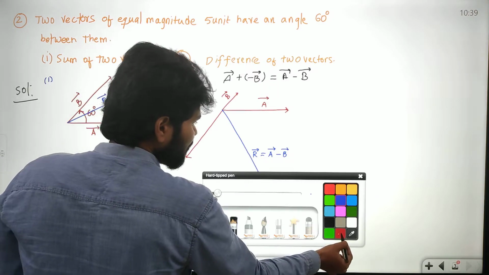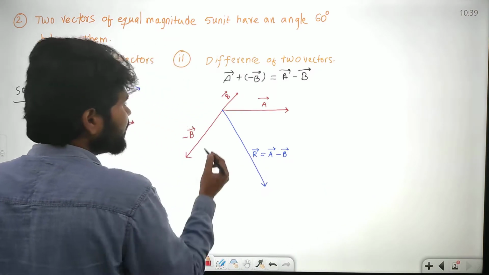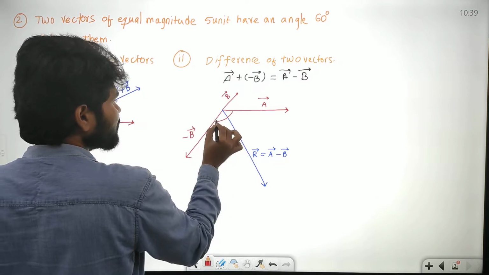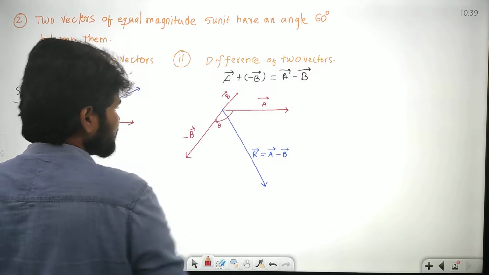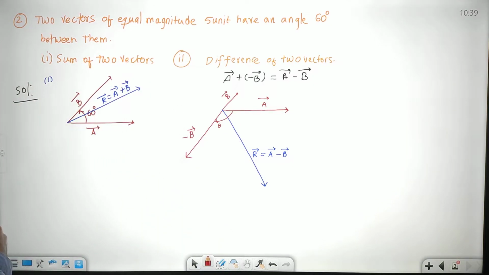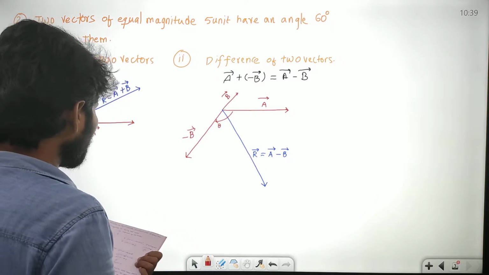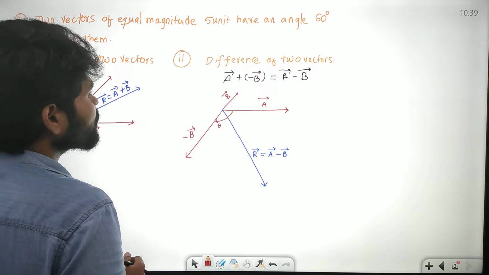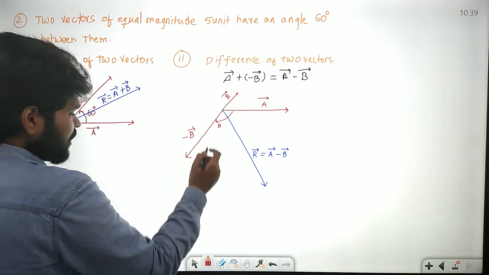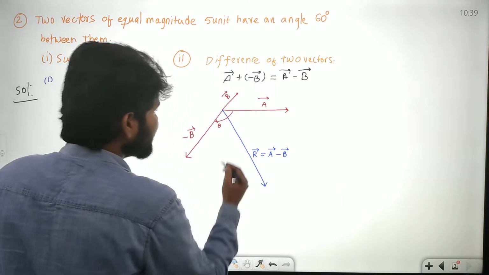Now I need to find this angle. How can I find this angle? See here carefully. This is 60 degrees, right?